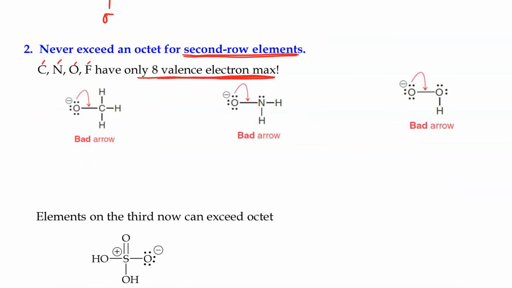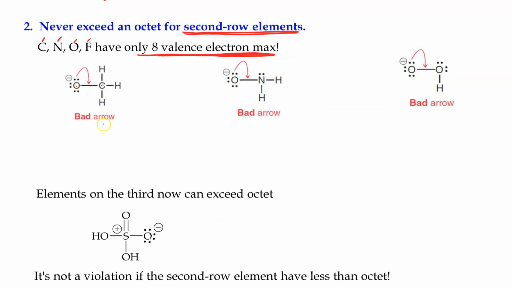For an example, this will be a bad arrow to draw, because the meaning of this is that now the electron from this oxygen atom is donated into the bond between this oxygen and this carbon. Effectively, we are taking a lone pair and changing this into a bond pair between these two atoms, and that then gives electron to this carbon right here.